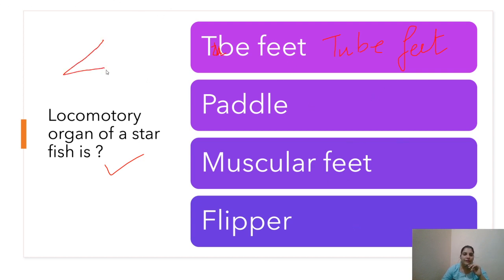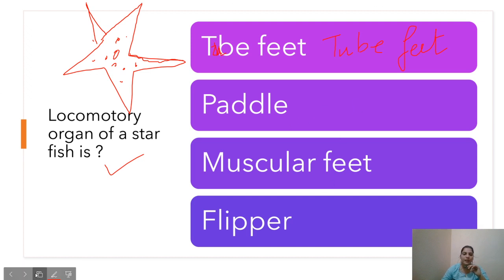We have seen starfish. How does it move from one place to another? Whether they use tube feet, paddle, muscular feet, or flipper. Any guesses?